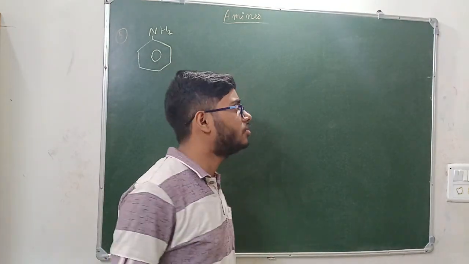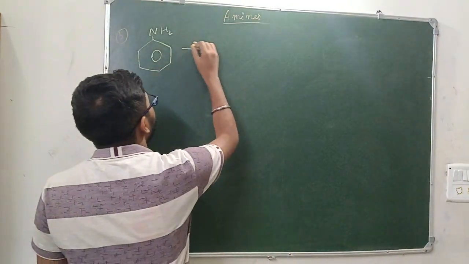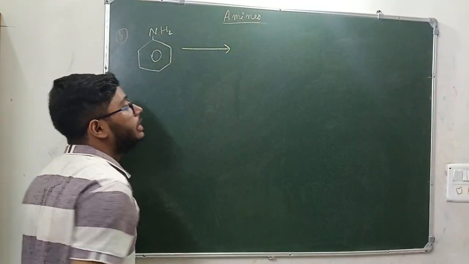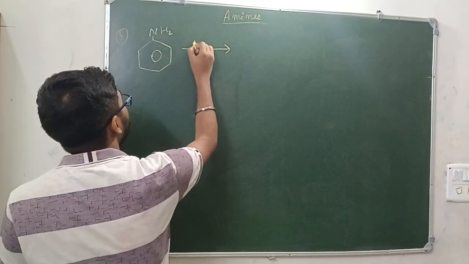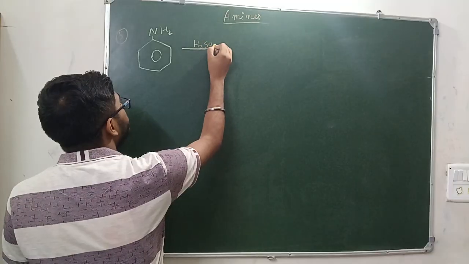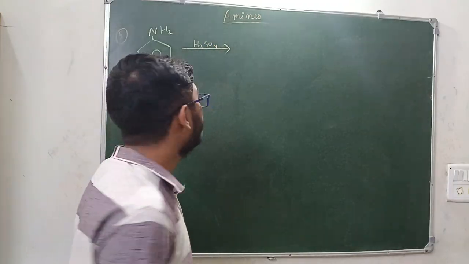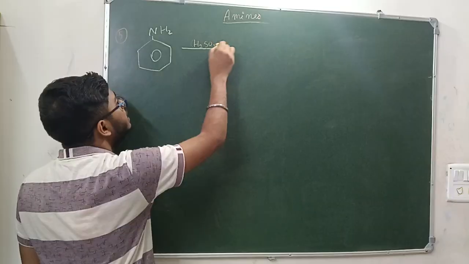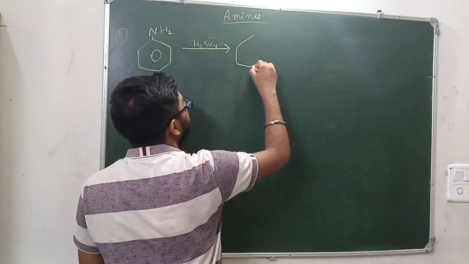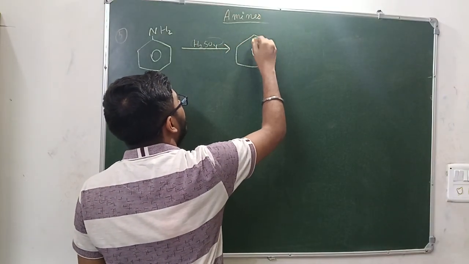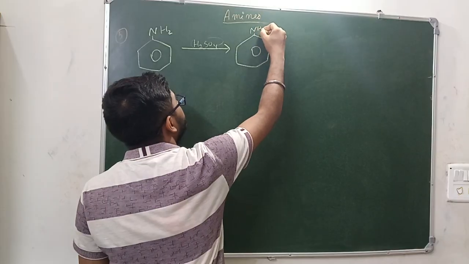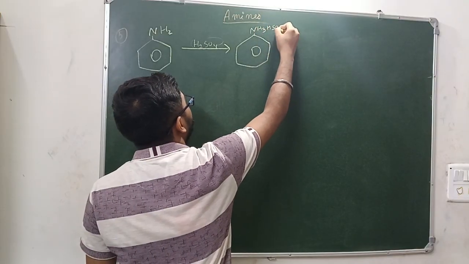You might have heard of zwitterion. First of all, you take this aniline, then you react this with H2SO4. Now when you react with only H2SO4, this is acid and this is base, so this will take it, and the compound made is NH3HSO4.